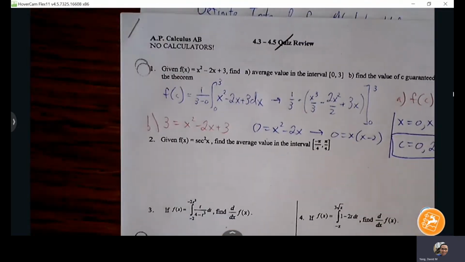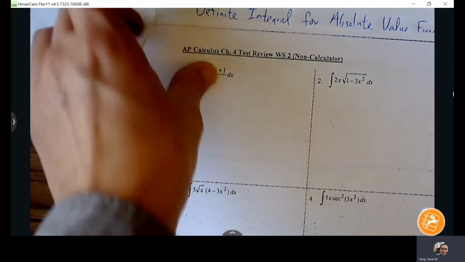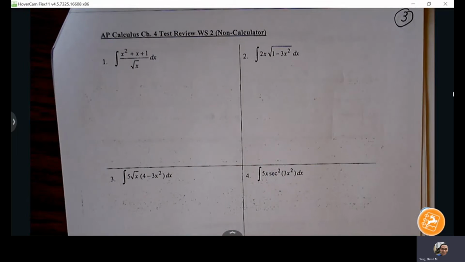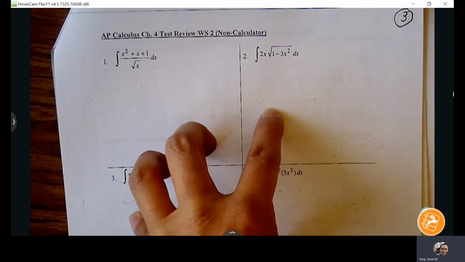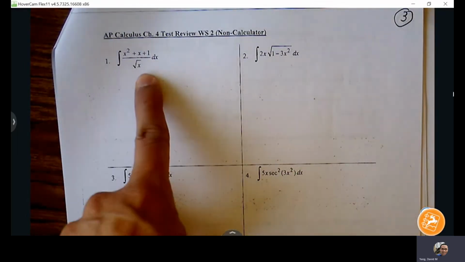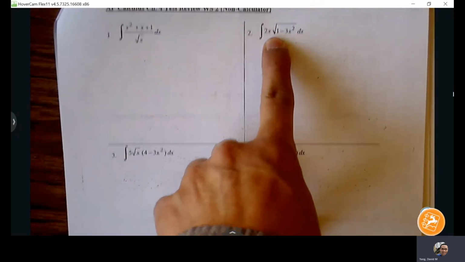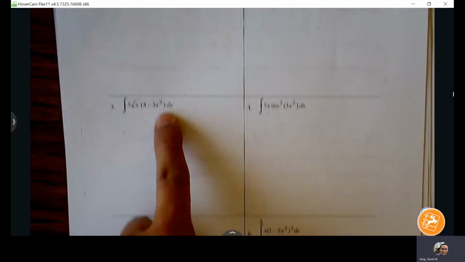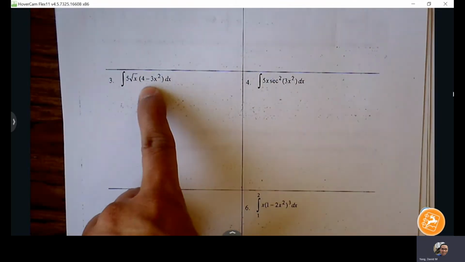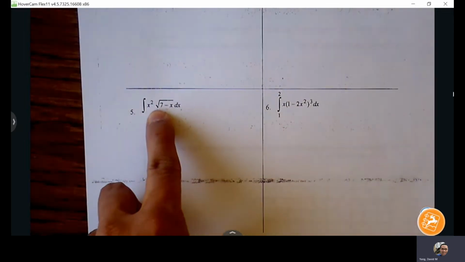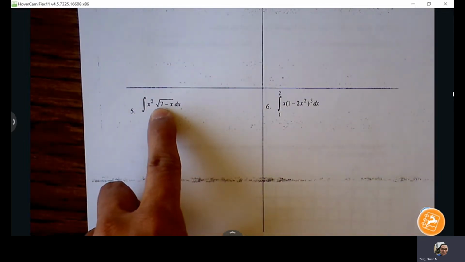I just want to give you a preview of what we're working towards. Pages 3 and 4 show you the types of problems you'll be responsible for on the test. Number 1 is power rule, expand everything out. Number 2 is a u-substitution problem, changing a variable with u-substitution.